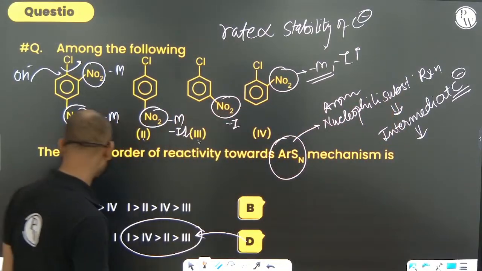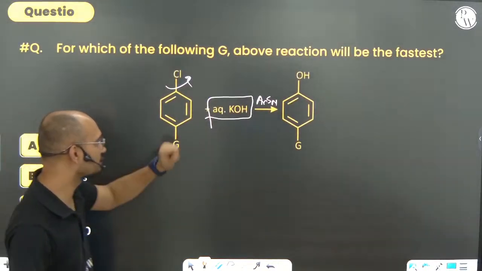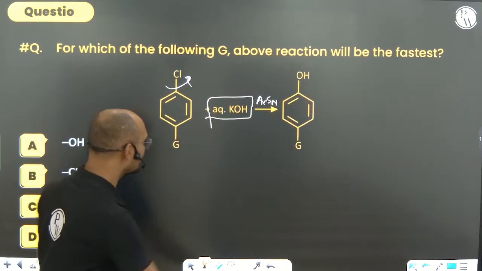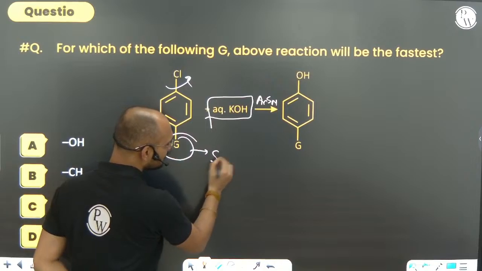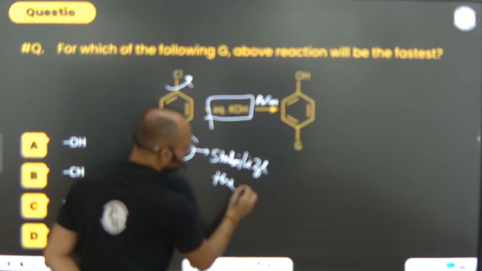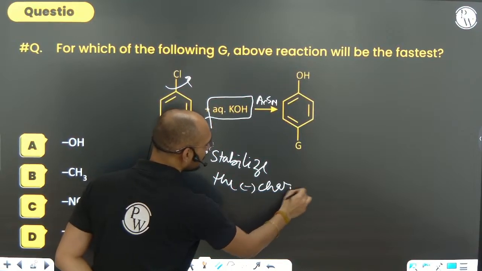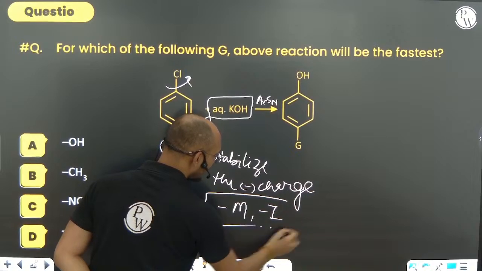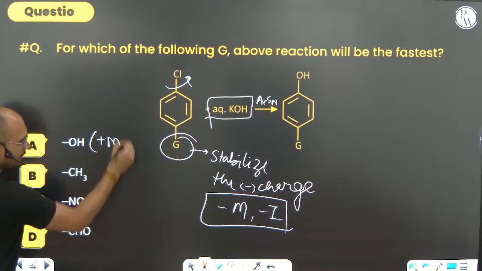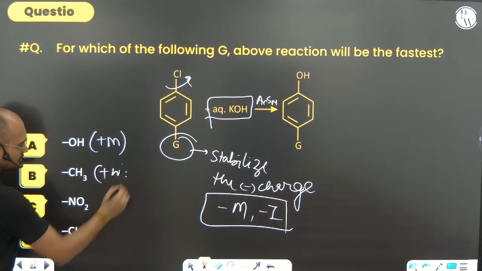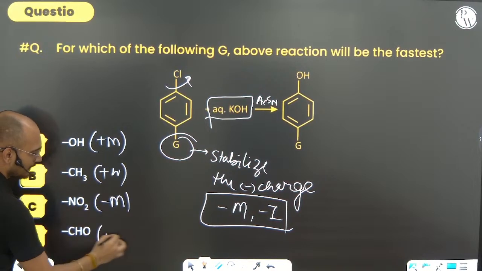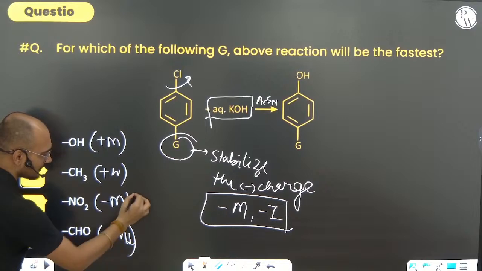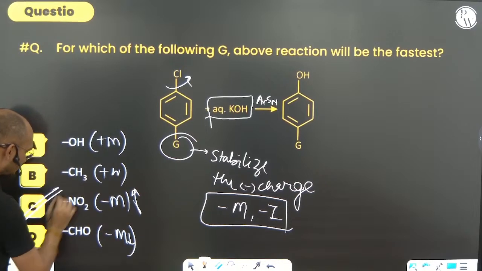Here also it is asking for aromatic nucleophilic substitution. So here there should be something that can stabilize the negative charge. What can stabilize negative charge? Minus M and minus I. This one does plus M, this one does minus M, and this also does minus M, but this will be less and this will be very high. So option C is the correct option.